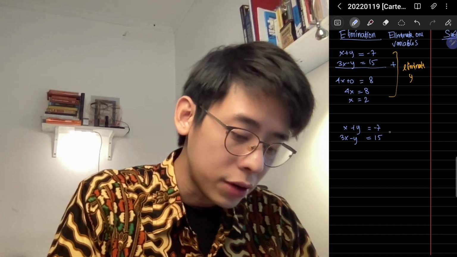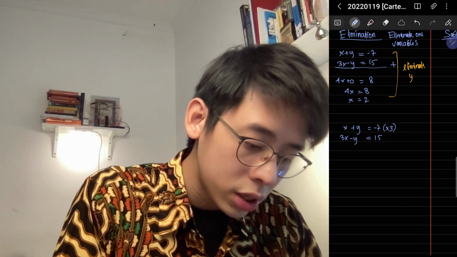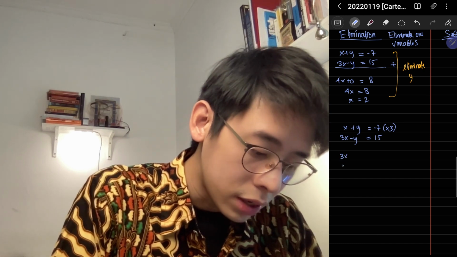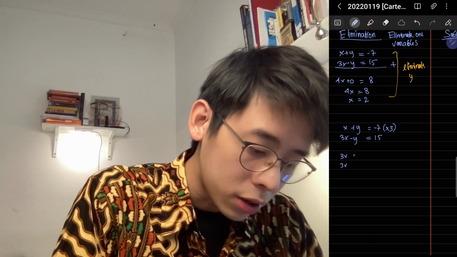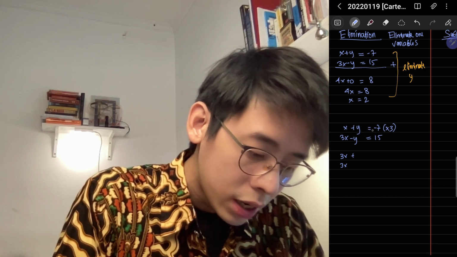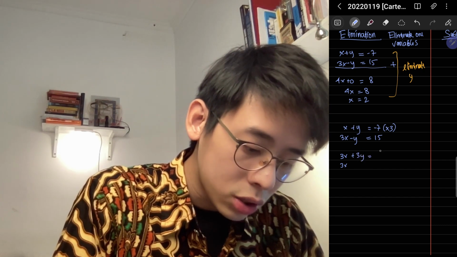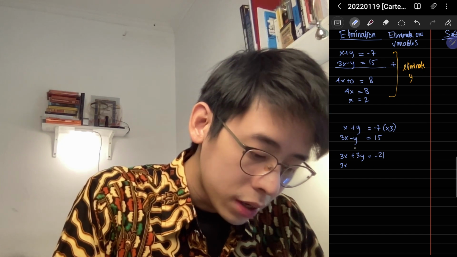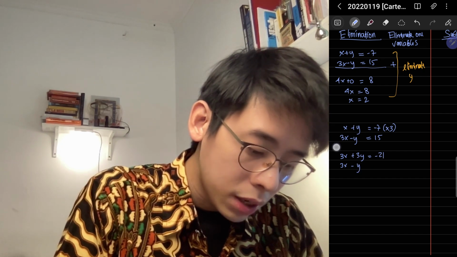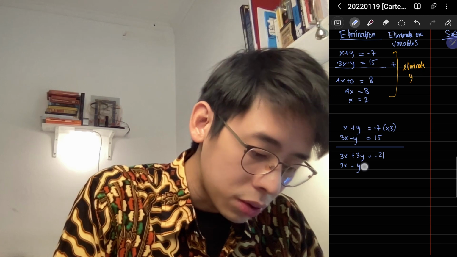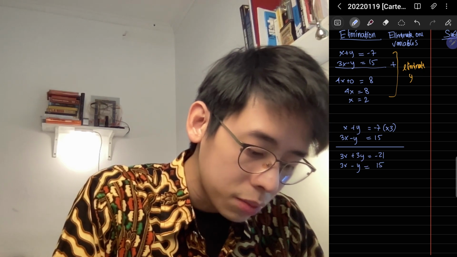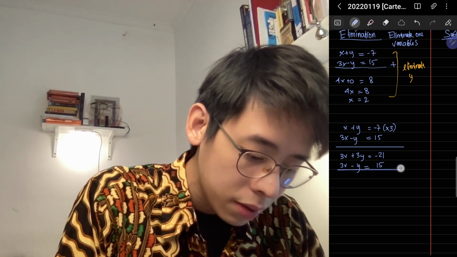Because they have different numbers for x, so we have to multiply the first equation by 3 first, so we have the same number for x. So 3 times x is 3x, 3 times y is 3y, 3 times minus 7 is minus 21. The bottom equation stays the same because we didn't multiply it with anything.